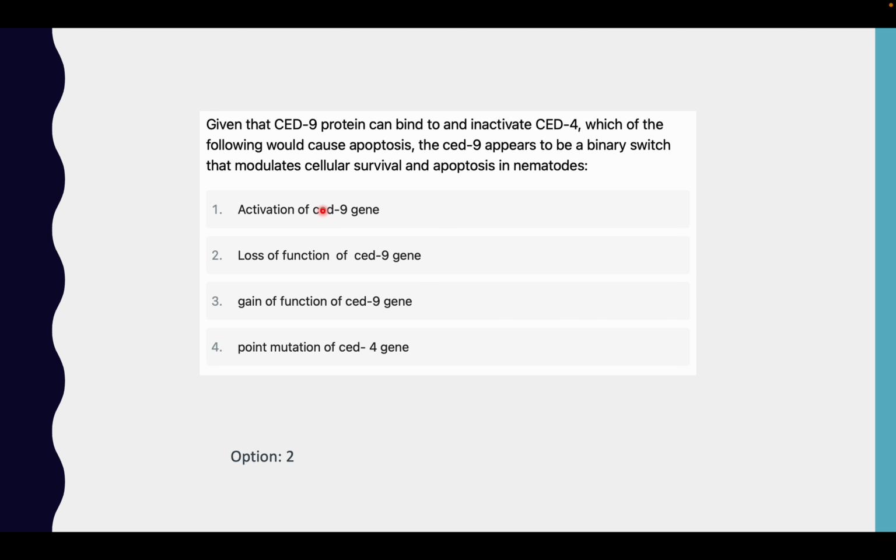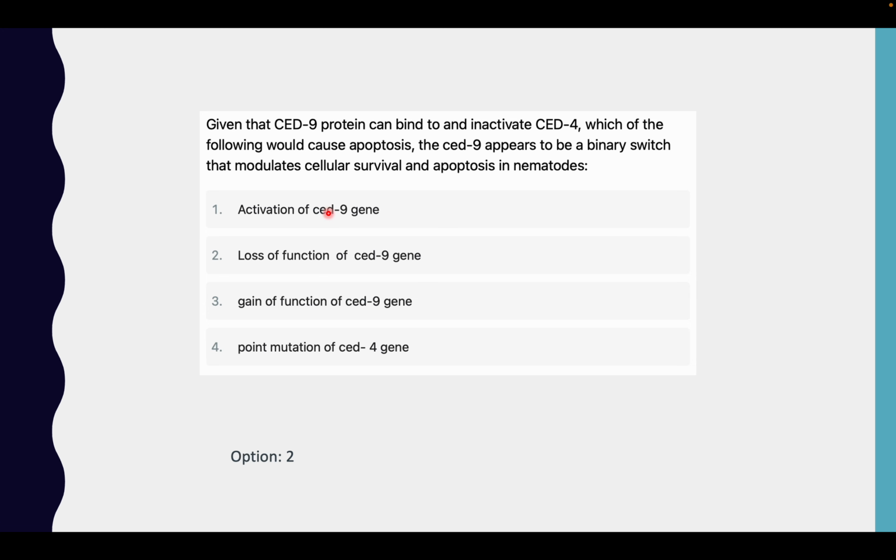So a loss of function mutant will have inappropriate apoptosis, while gain of function mutants of CED9 are defective for apoptosis. As CED9 inhibits apoptosis, so those cells will survive.